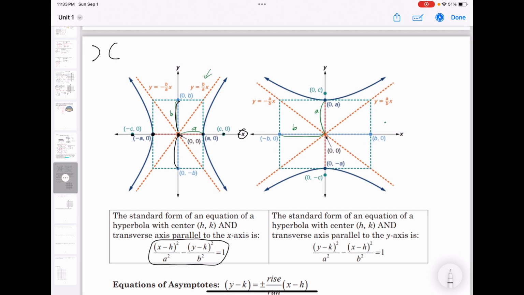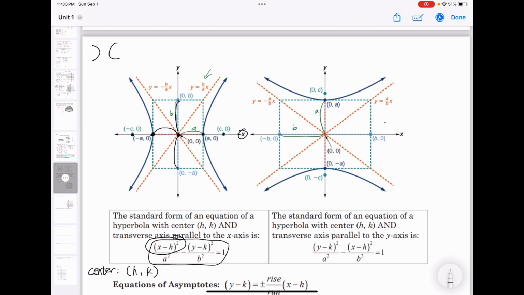If the x part is positive, then a squared must be under the (x minus h) squared. Our center is (h, k). Based on the center (h, k), we can move to the right and left a units.